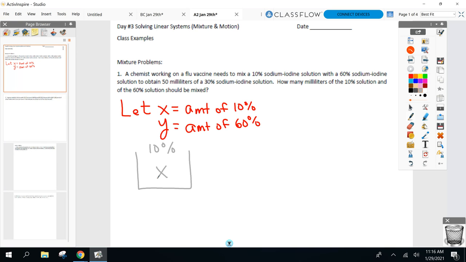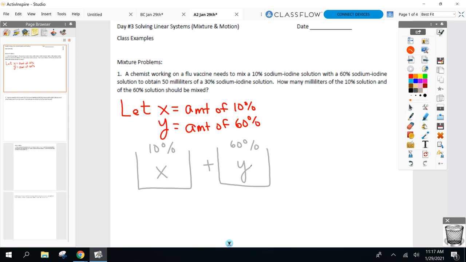All right, next, I'm going to add that to a second bucket that's got 60% solution. How much 60% solution do we have? No idea. I called it y. That's what I'm trying to find.